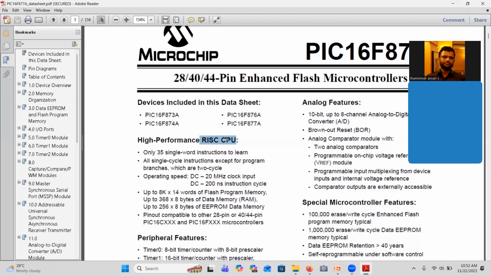All single cycle instructions, except for program branches, which are 2 cycles. The program branching that we do, going from here to there, alone consumes 2 machine cycles.